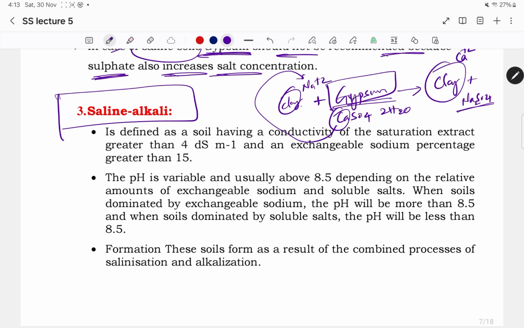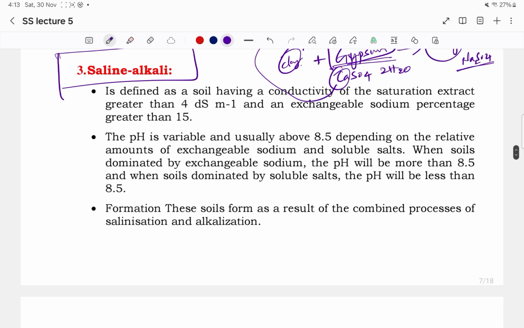And we have already discussed the third type, saline alkaline soil. We already know its features. Saline alkaline soil has electrical conductivity more than 4 decisiemens per meter and the exchangeable sodium percentage greater than 15%. The pH varies.